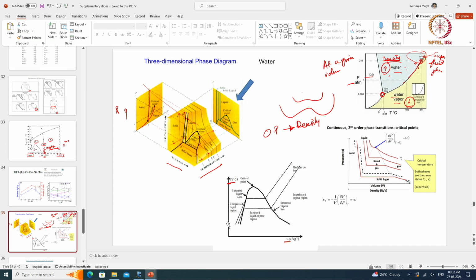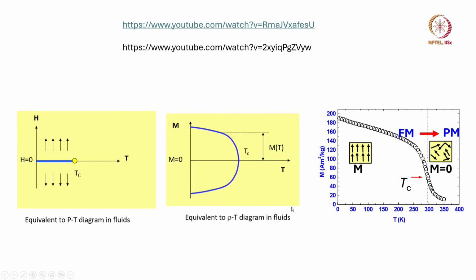And so I can look at the phase diagram in the PT axis, which means I can look at the phase diagram of the ferroelectric or the magnet in the HT axis. In the HT axis, I have an order parameter which is non-zero in this part of the HT phase diagram, and beyond this I have a phase transition.